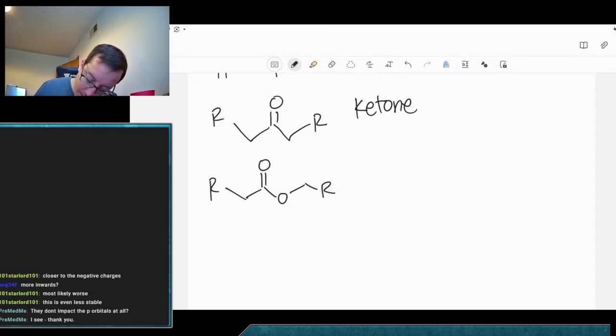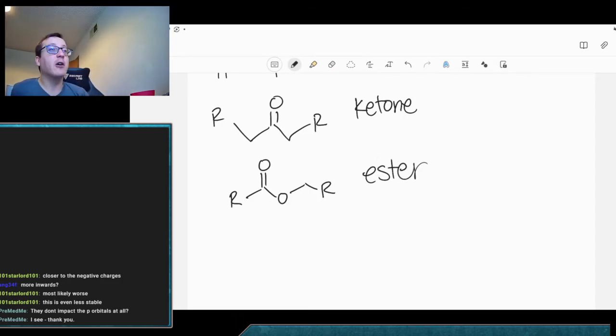Actually, this can be R right here. This is called an ester, where you have a carbonyl and an ether essentially at once. So you have a carbon double bonded to O and single bonded to O, and then you have another carbon on the other side of the other oxygen. So that's called an ester.